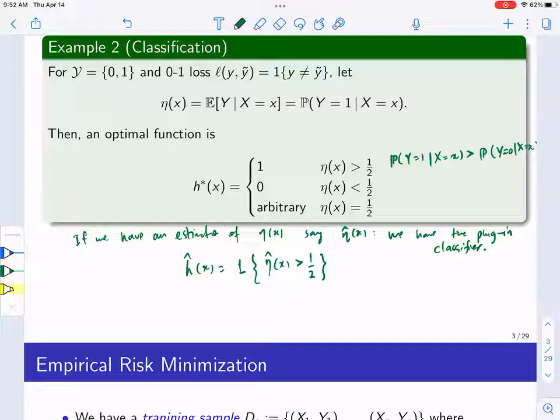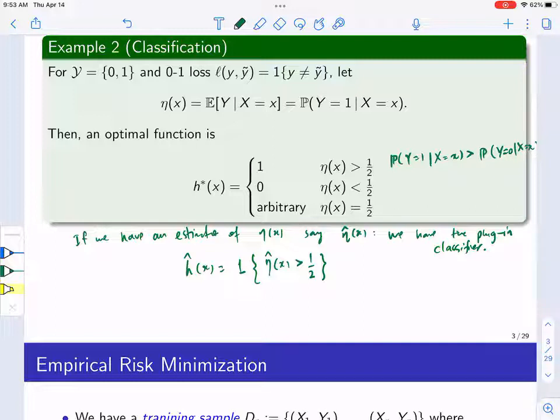In this case, you take the average within the closest k neighbors, and because the labels are binary, the average being bigger than 1/2 means more than half the points are 1 among the k nearest neighbors. So that's how you get the k nearest neighbor classifier. You look at the k nearest neighbors and take the majority vote of the labels.